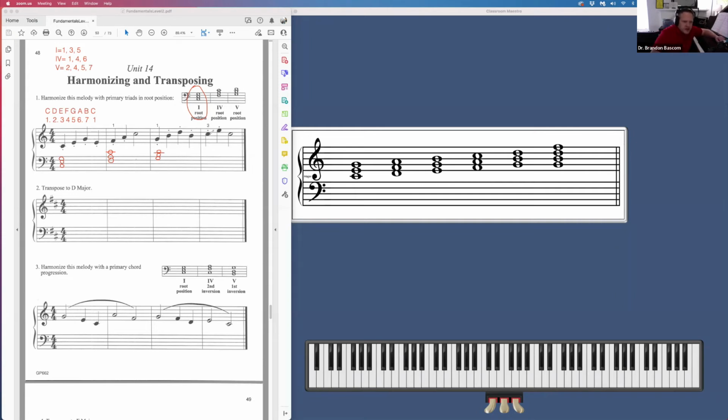And finally, my last notes are C, E, C, which is 1, 3, 1. Those match most with our tonic. So here's my melody all by itself.